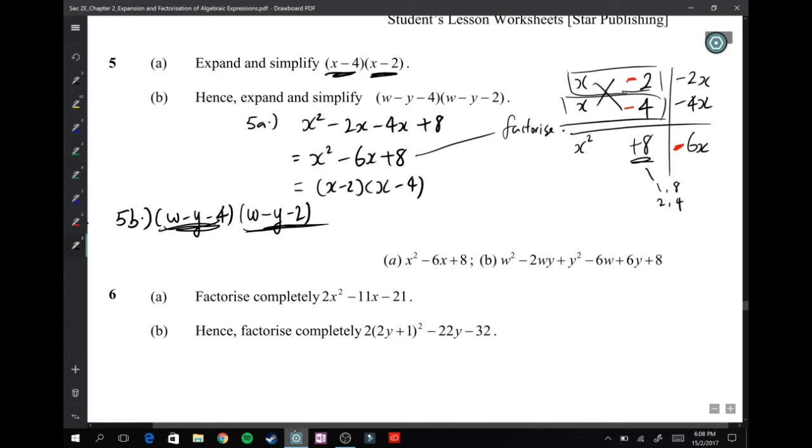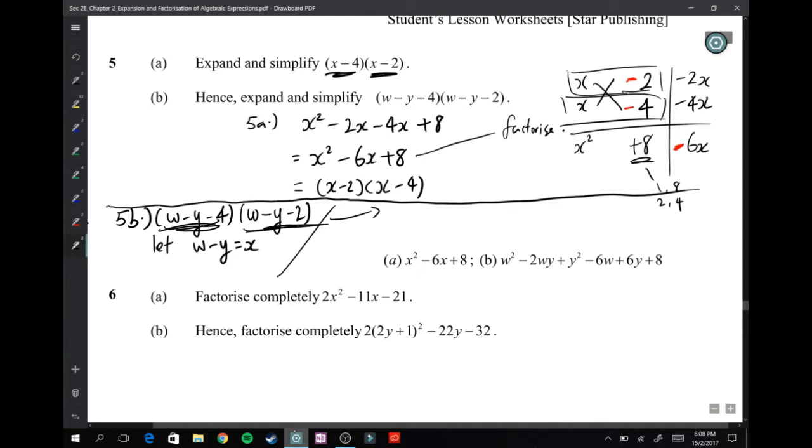Alright, so this is the next step. We let w minus y equal to x, right? Sorry, I have no space, so I'm just going to write it here. Let me draw a distinguishing line first. So we let w minus y equal x. In other words, we're going to replace w minus y as x.